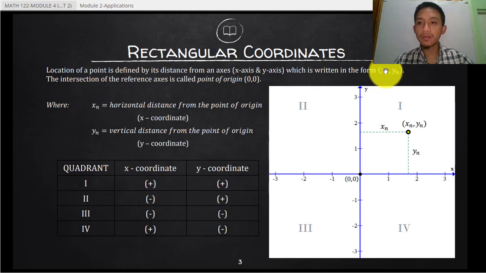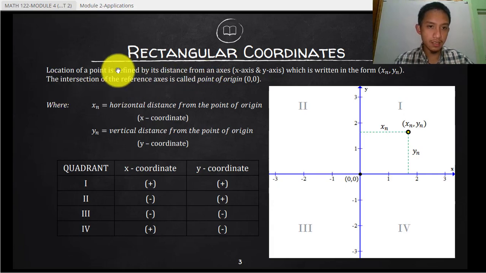The x coordinate is the distance horizontally, reckoned from the y-axis, and then the y coordinate is the distance vertically, reckoned from the x-axis. And of course the intersection of these two major axes is what we call the point of origin, which is located at point 0, 0.